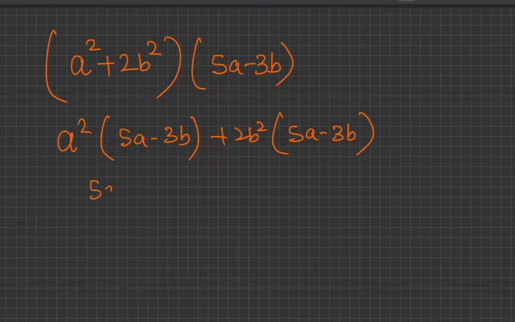So it is 5a cubed minus 3a squared b plus 2ab squared minus 6b cubed, right? As you can see, I don't have any like terms. So this is my final answer.